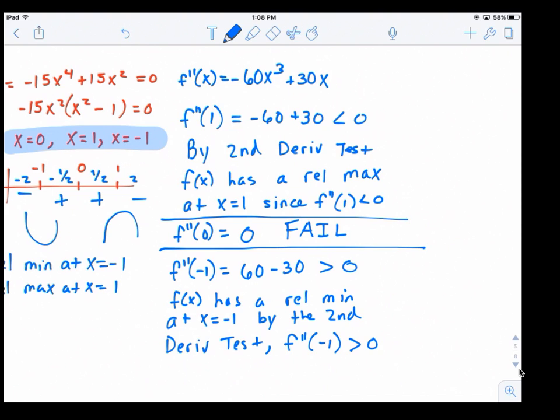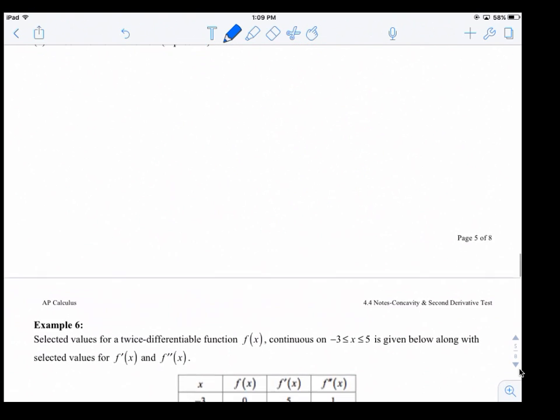Say if this is a calculator question, and they were to say, figure out for me the relative extrema. If you could come up with the extreme values and then just plug all these values into the second derivative, it'll be a lot easier than maybe doing the sign chart. So it's all about options.